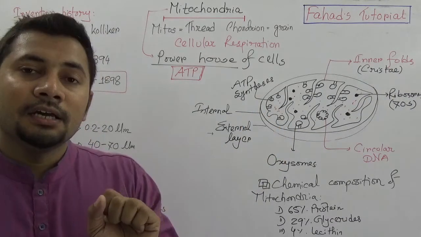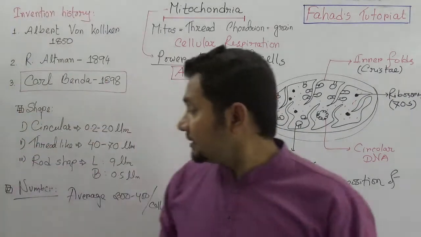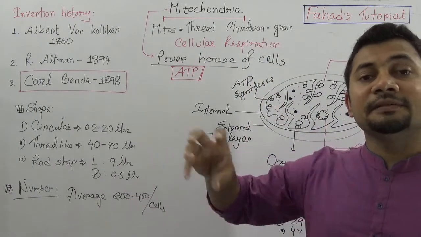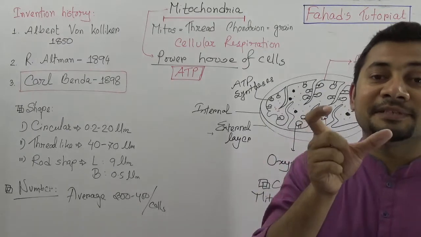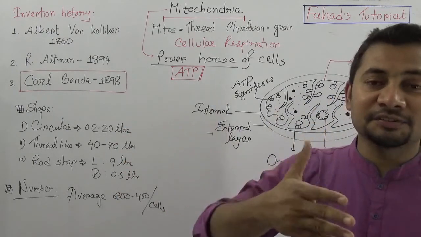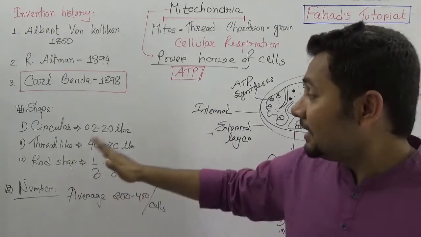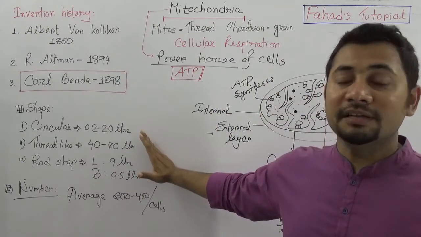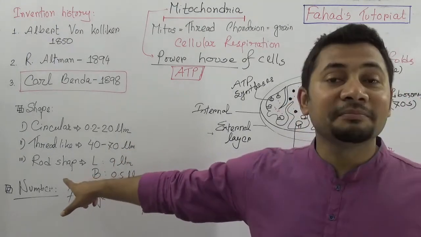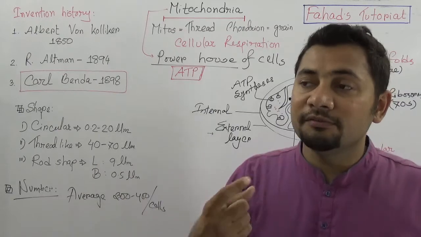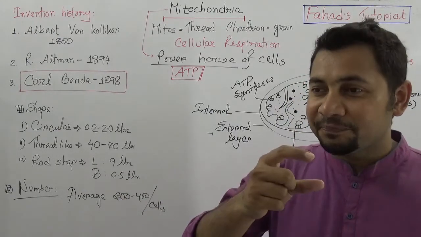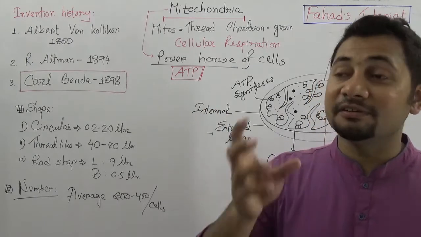So the shape and the size of the mitochondria I haven't discussed. In case of shape, the circular mitochondria have a diameter ranging from 0.2 to 2 micrometer, and thread-like mitochondria are 40 to 70 micrometer. We find circular, rod-shaped, or even oval-shaped mitochondria.